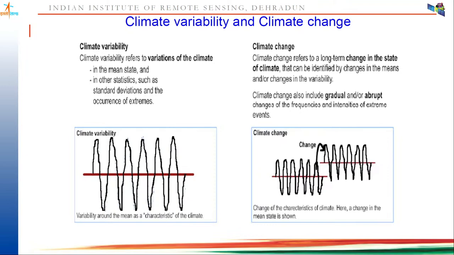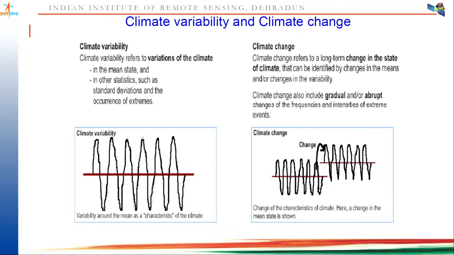If there is a variability in a climatic element over the last 5 years or 10 years with respect to its mean, then you can say it is climate variability. So there is a variation along the side of the mean. This is called variability. It may be represented as pentadal climate variability, decadal climate variability, and so on.